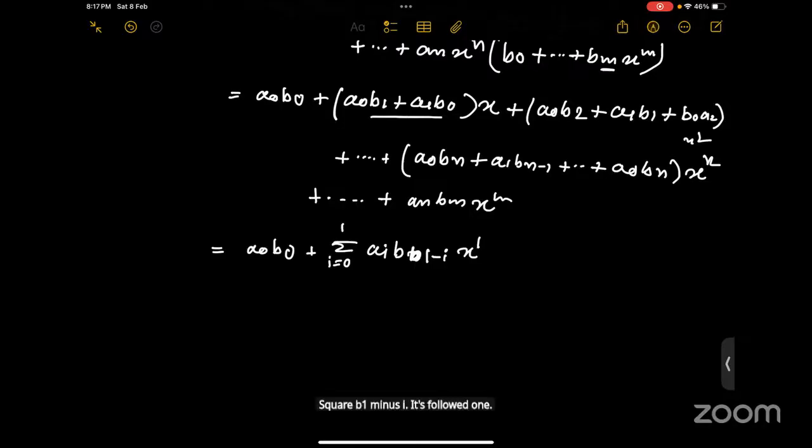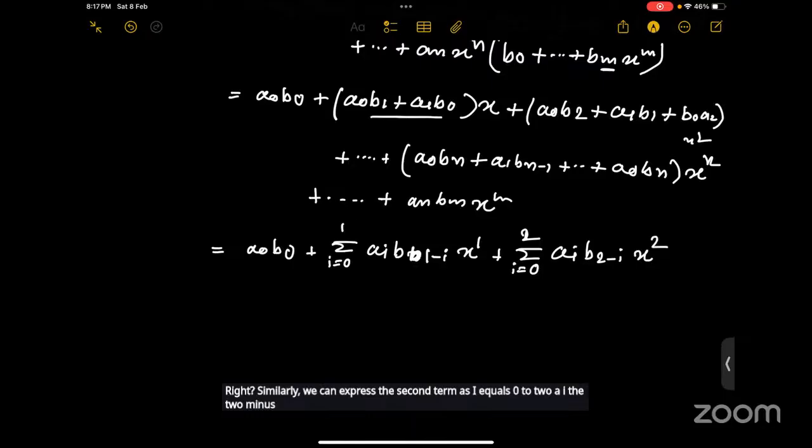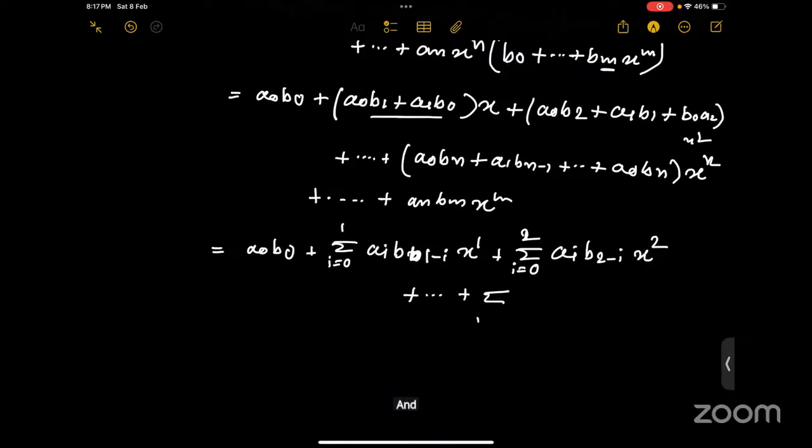Similarly, we can express the second term as the summation over i from 0 to 2 of ai b(2 minus i) x squared. And we can do this with all the terms. Can you also find the similarities?